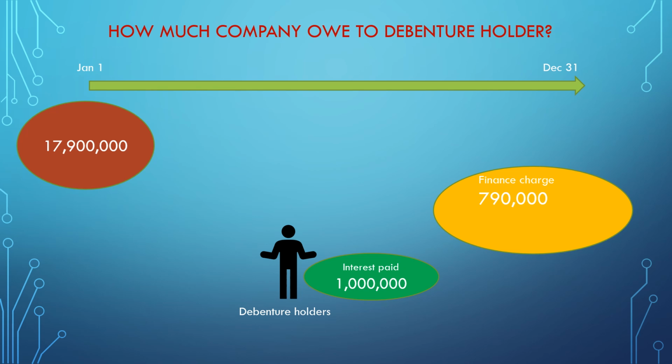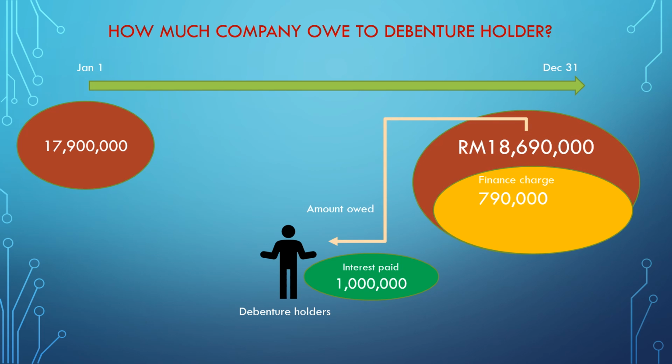So the finance charge has been reduced to 790,000. When we add the initial recognition value with the remaining finance charge, we actually only owe 18,690,000 to the debenture holders. So this is the amount that we need to show in our financial statement, in our accounts.